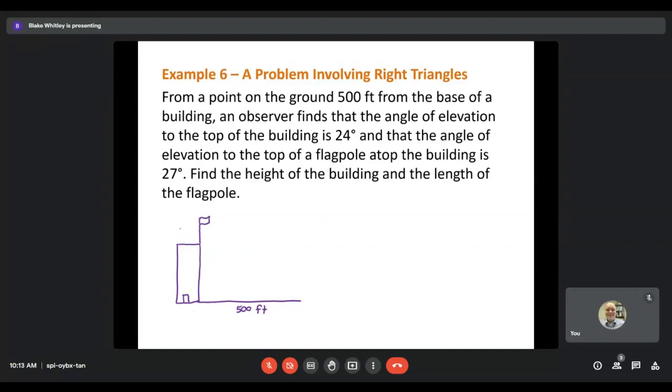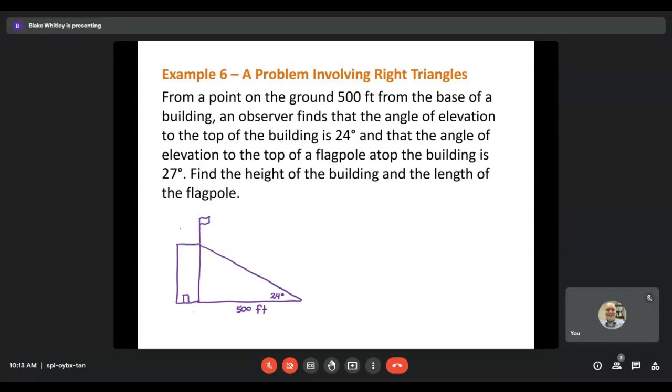It says the observer finds the angle of elevation to the top of the building is 24 degrees. So just from the top of the building to the point 500 feet away, that angle of elevation is 24 degrees.